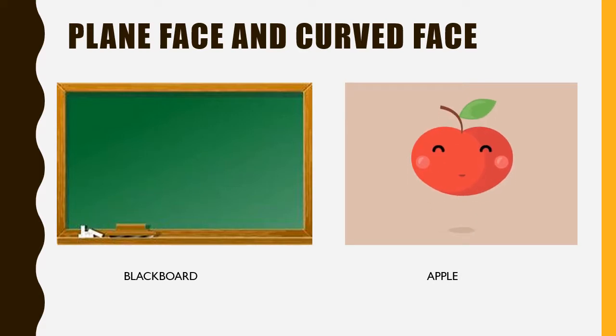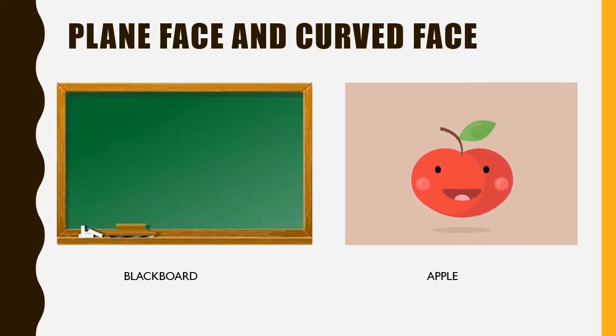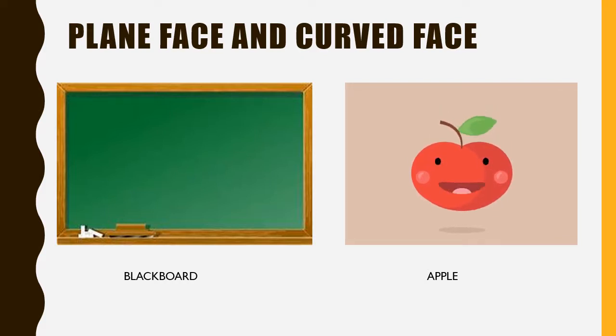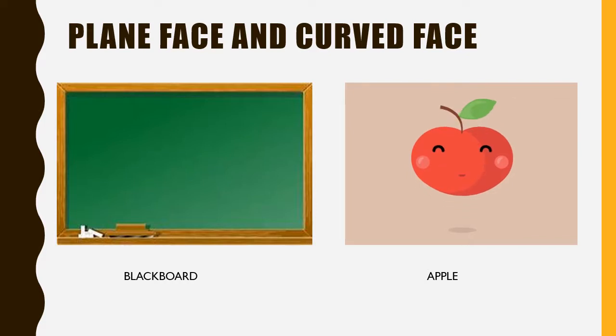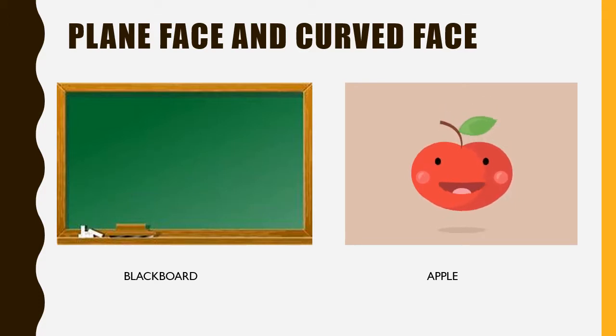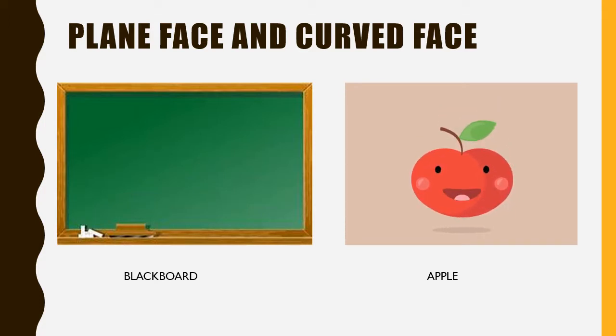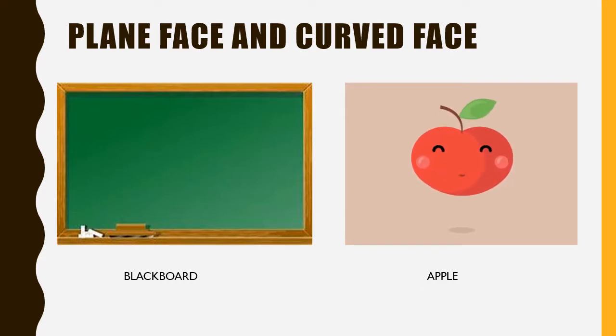Blackboard has a plane face. That is, its surface, when you touch it, is straight. But when you touch an apple, you will feel that its surface is not straight. It is curved. So the face of an apple is a curved face, whereas the blackboard has a plane face.